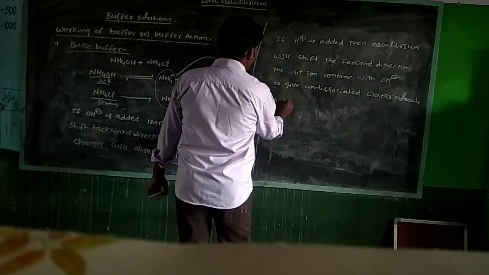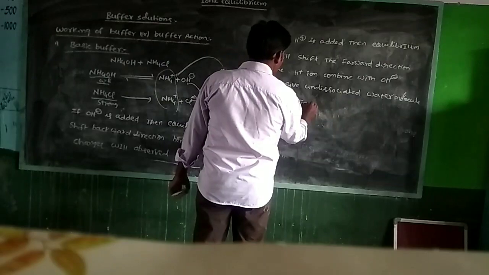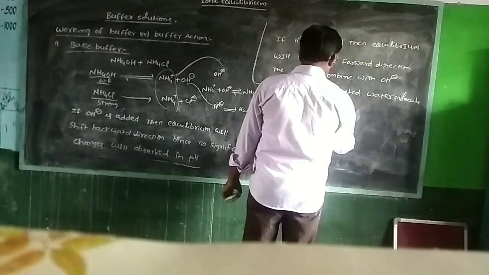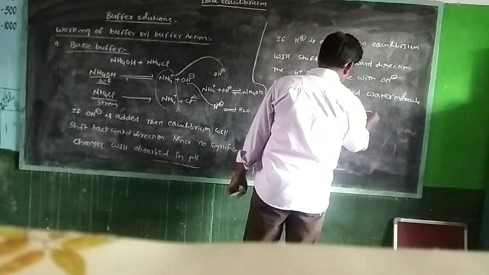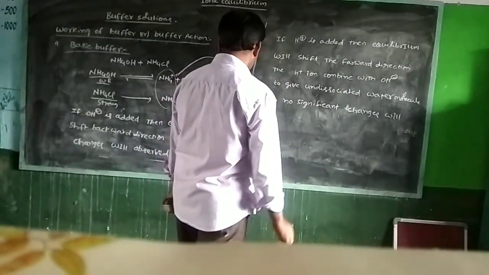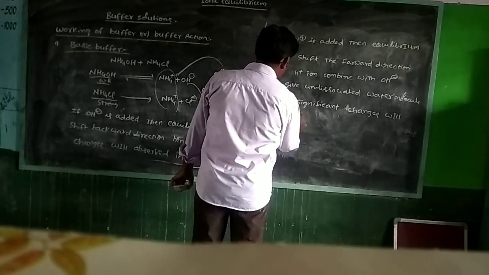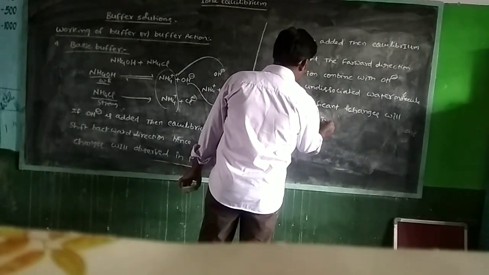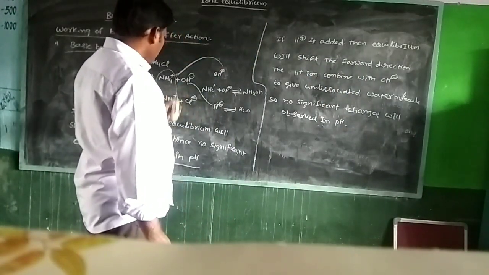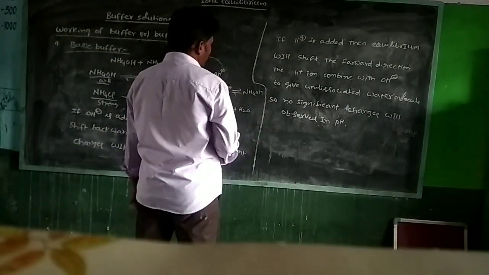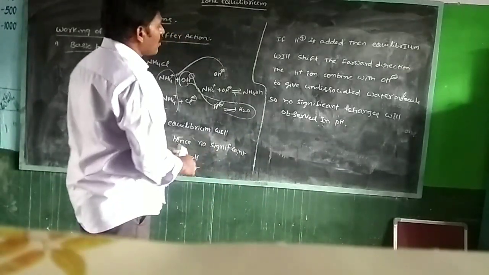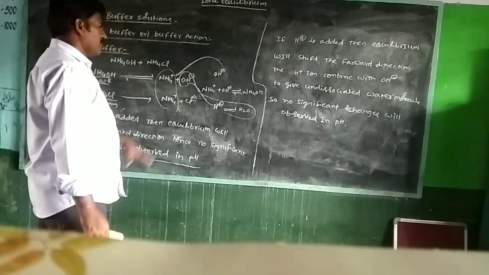So no significant changes will be observed in pH. If H plus is added, OH minus ion combines with it to give which molecule? Water molecule. Hence no significant changes will be observed in pH.